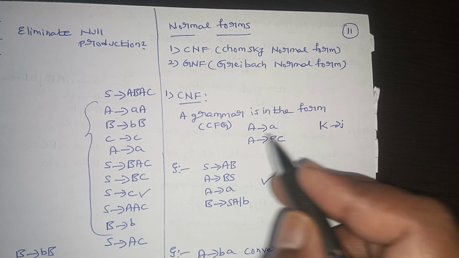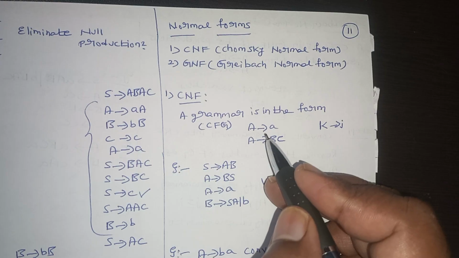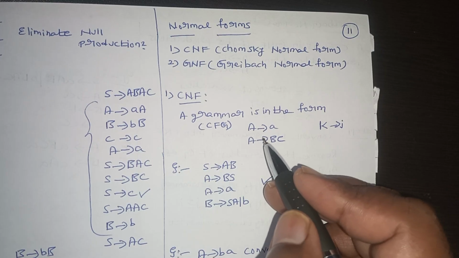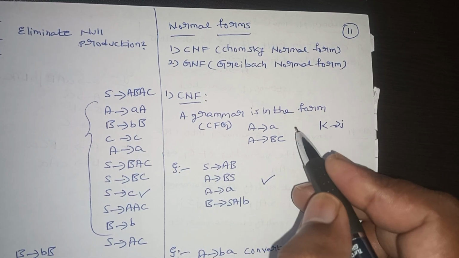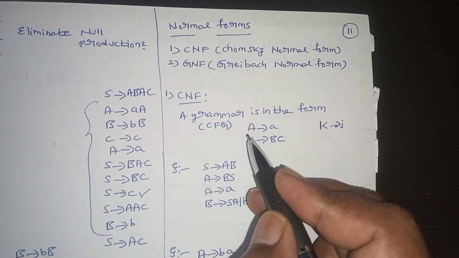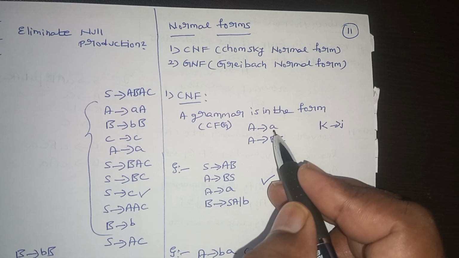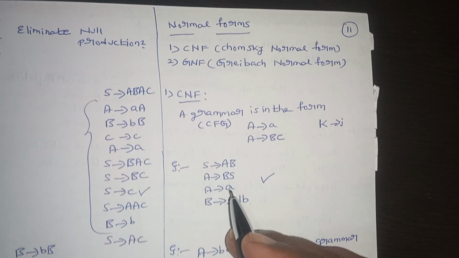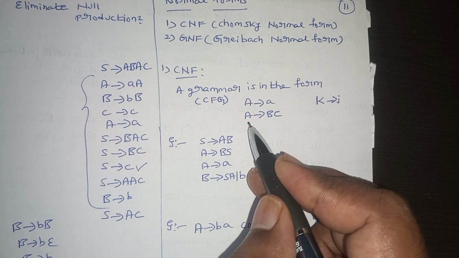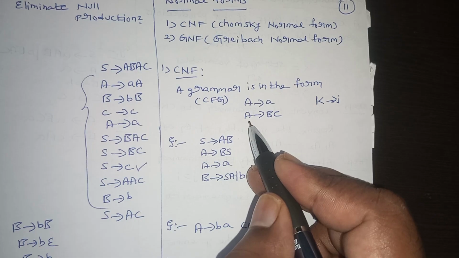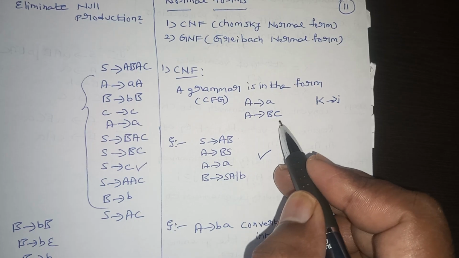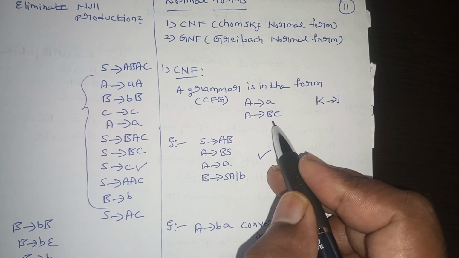Generally in textbooks they are taking like this. You take whatever you want, but this is the format. In the LHS there must be one non-terminal, and in the RHS there must be one terminal. What is one more condition? In the LHS there is one non-terminal, and the RHS must have two non-terminals.